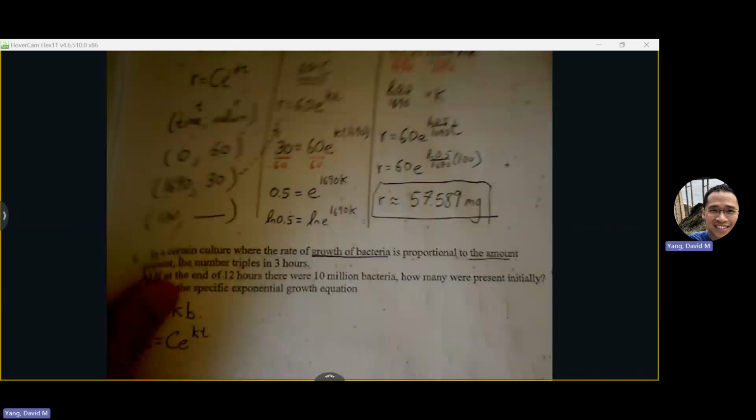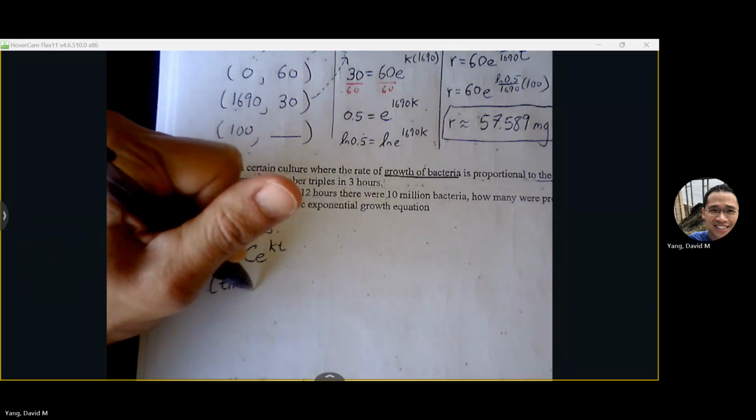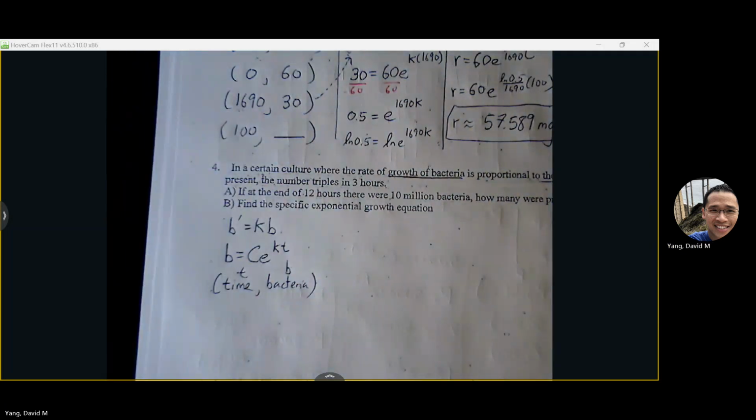All right, so again, time is always our independent variable. So it's going to be time T followed by the amount of bacteria. So T for time and B for bacteria.